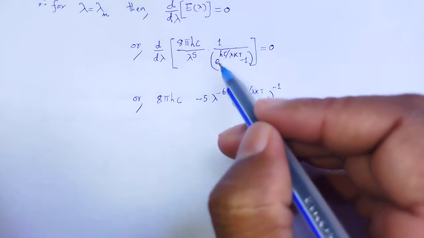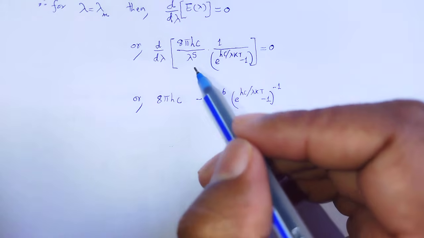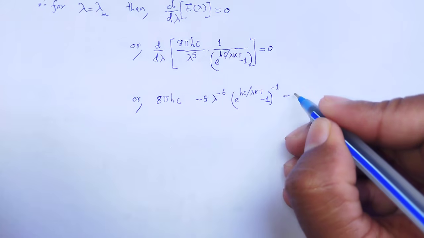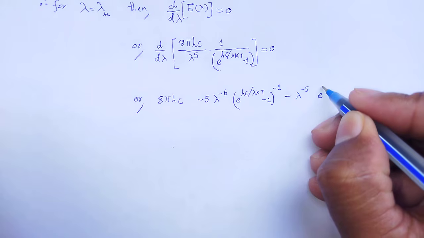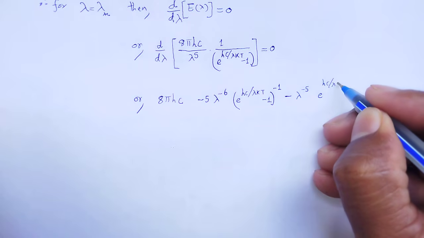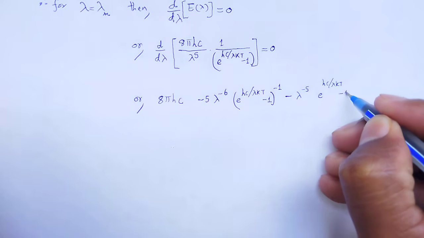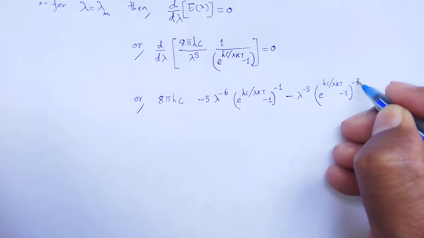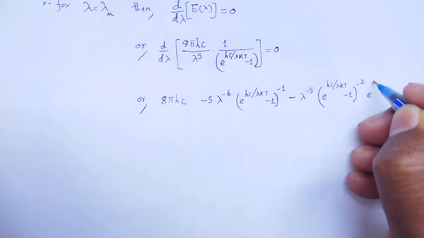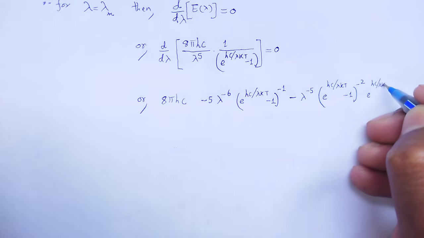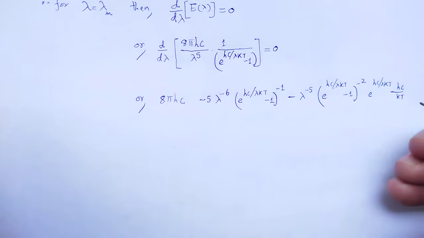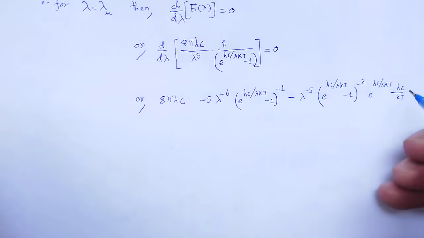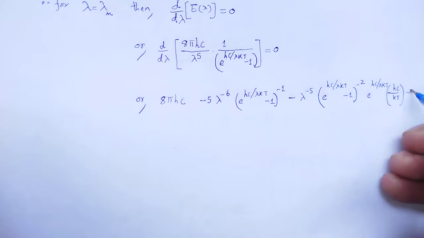Next, differentiation of this term, with the first as constant: minus lambda to the power minus 5, e to the power SC divided by lambda kt minus 1 to the power minus 2, e to the power SC divided by lambda kt, into SC divided by kt, into minus lambda square.